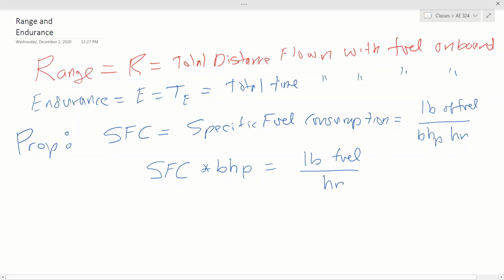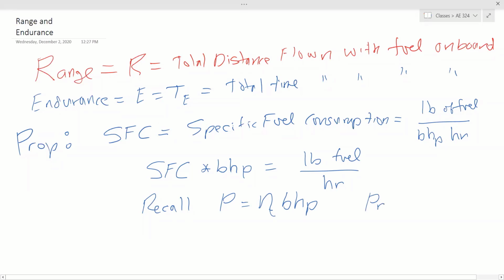And then we could flip that upside down to get endurance, which is hours per pound of fuel. The one thing we have to factor in is the propeller efficiency. So just remember that the power from the engine that's actually delivered is the brake horsepower times the propeller efficiency, eta.